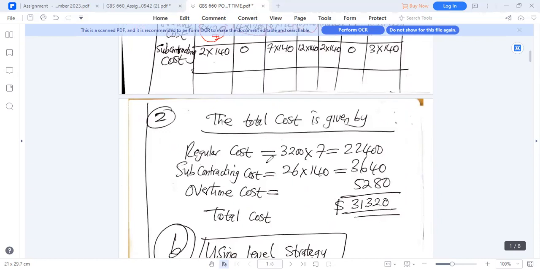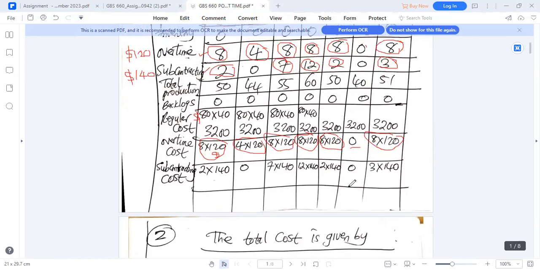So total overtime, first and foremost, of course, we know we have also our regular production, which is 40 units, multiplying this one by 80. The 80 is actually the standard rate of regular production, $80 per unit.